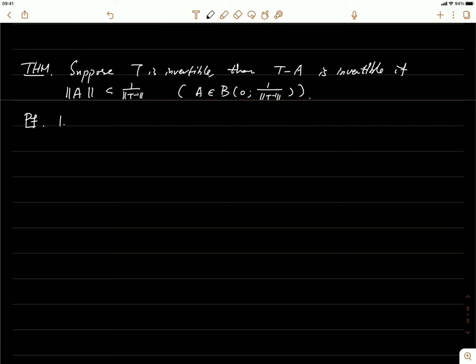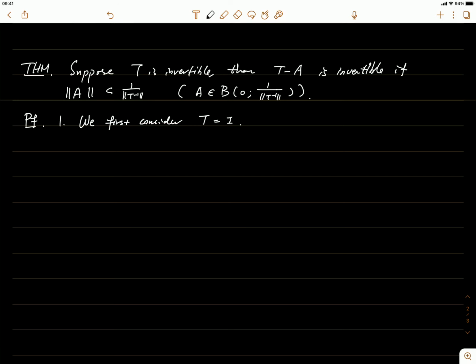So to prove this, we first consider a simpler case where T is just the identity, and we know that is an invertible element. So we first consider the case that T is equal to I. Okay, so in that case, the perturbation A just needs to have a norm smaller than 1 over the norm of T inverse, but T is the identity right now.